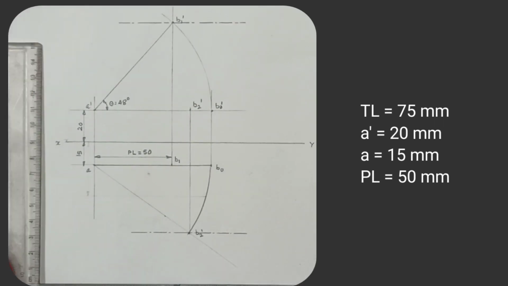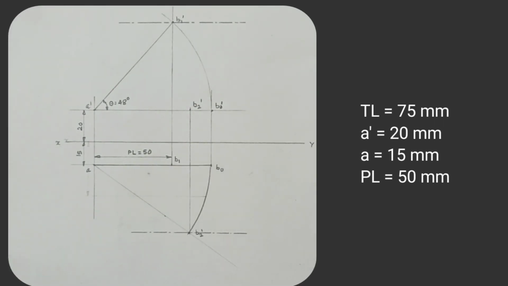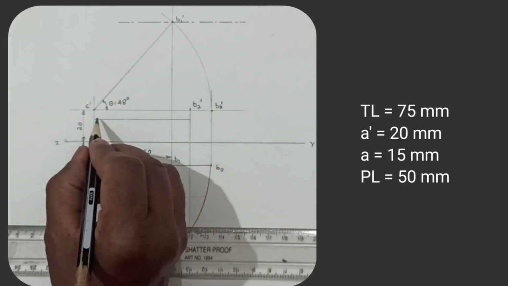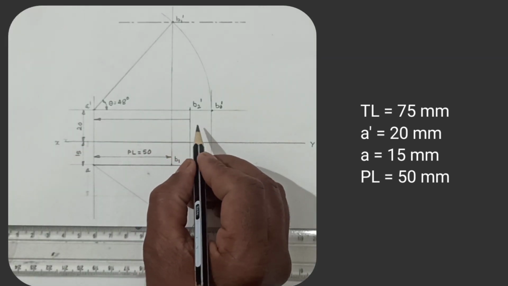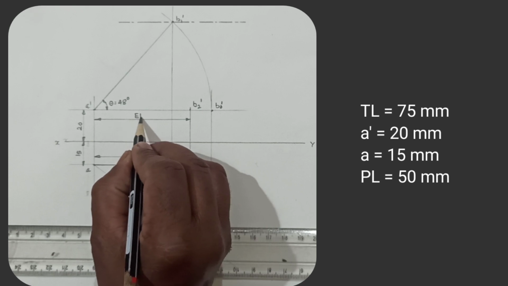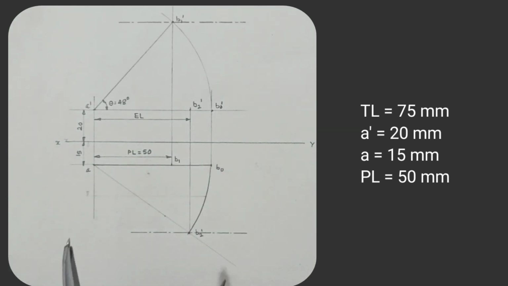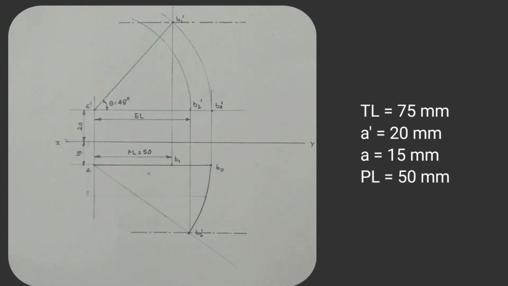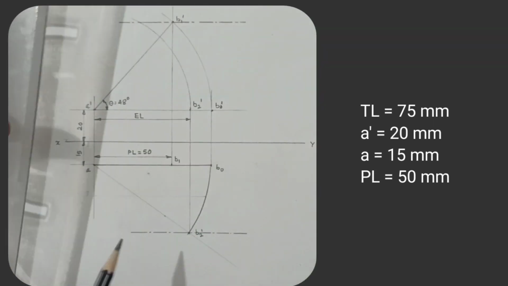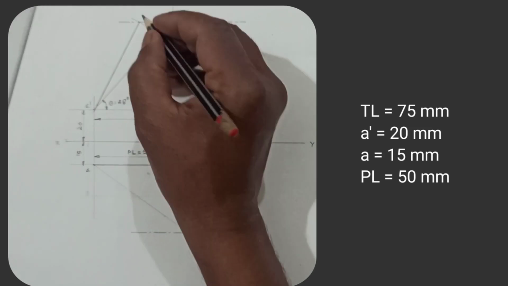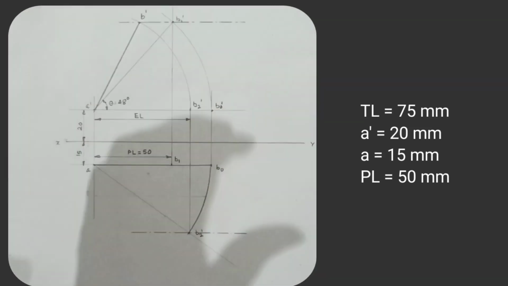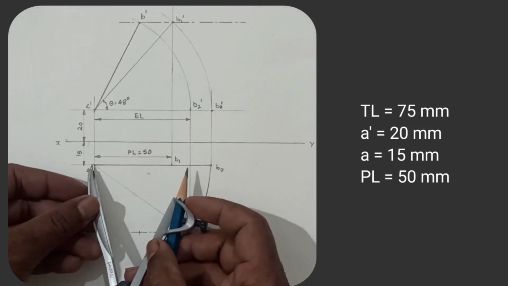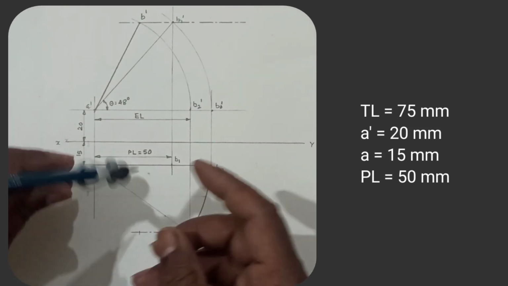Now through these endpoints in front view and in top view, that is endpoint B dash and B, draw locus lines. Now we have to draw the final front view and final top view. So for the final front view, take the elevation length, that is take this distance EL in compass, take A dash as a center and shift this distance on a locus line.